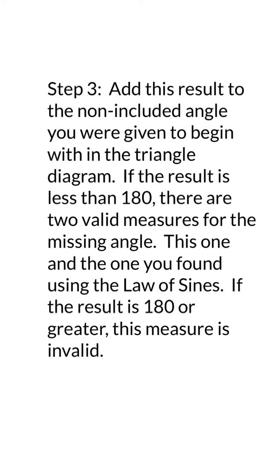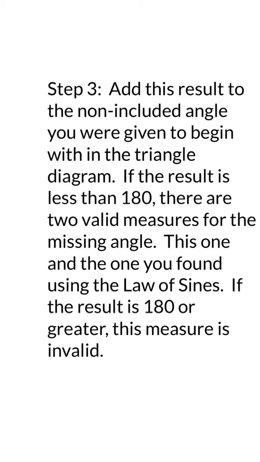If this result is less than 180, then there are two valid measures for the missing angle. This one and the one we found using the law of sines, meaning the 23.6 degrees. If the result is 180 or greater, this measure is invalid. So when we add 156.4 to 48, we get 204.4, which is clearly greater than 180.